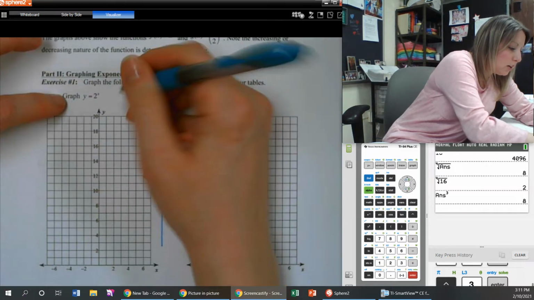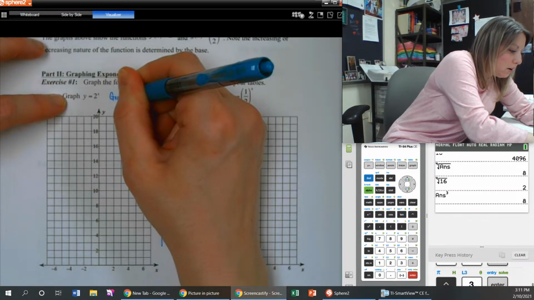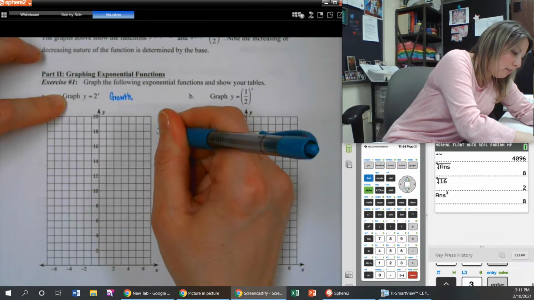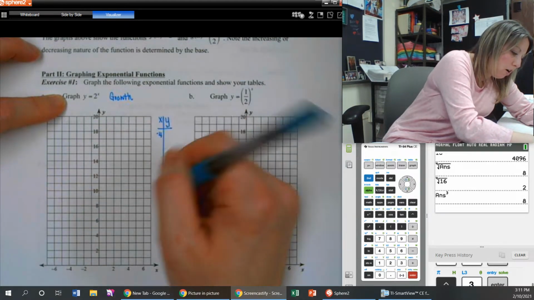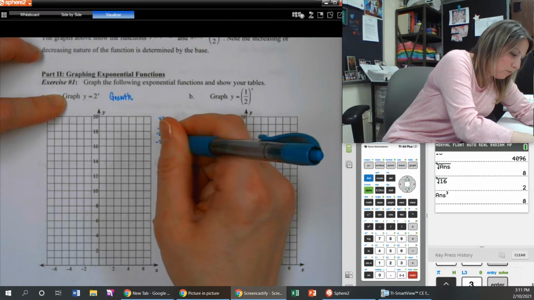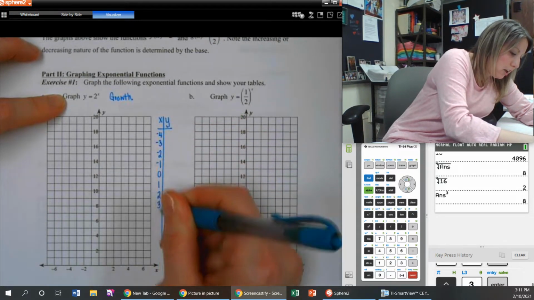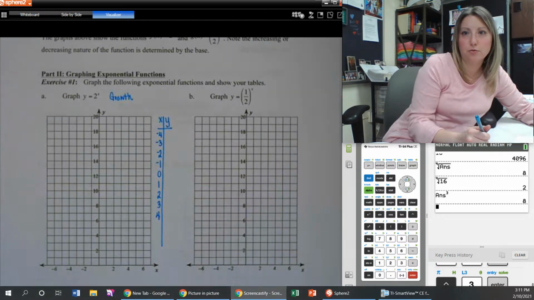I can already tell you that here is a growth function because my base is 2. Let's look at from -4 all the way to +4. This is just the most basic doubling and halving functions that we have.